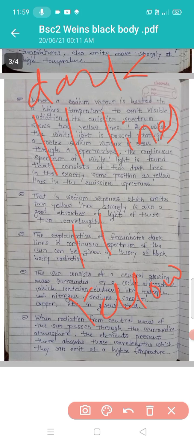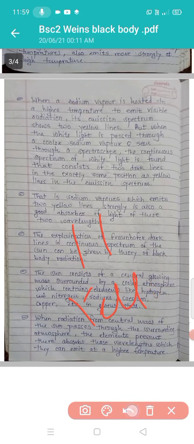The sun consists of a central glowing mass surrounded by a cooler atmosphere which contains elements like hydrogen, nitrogen, sodium, cesium, copper.